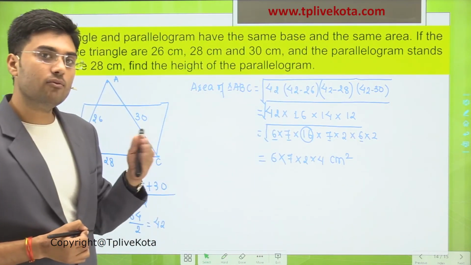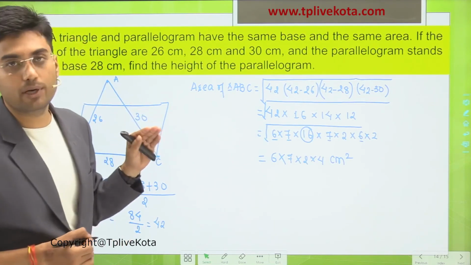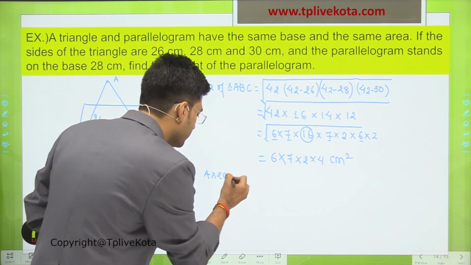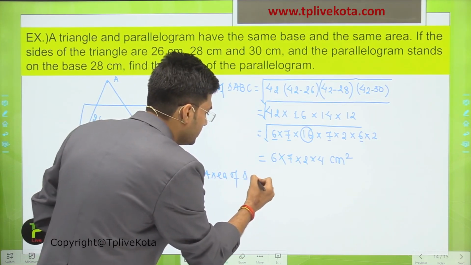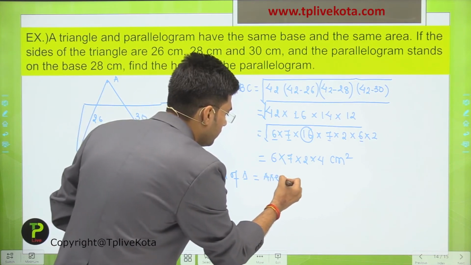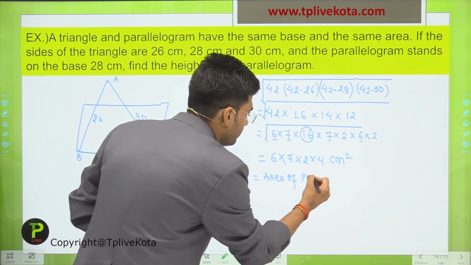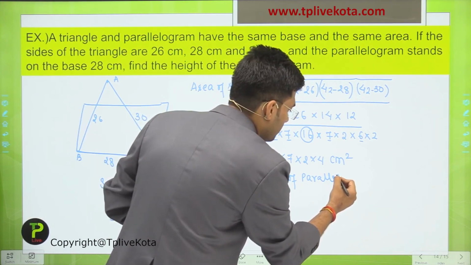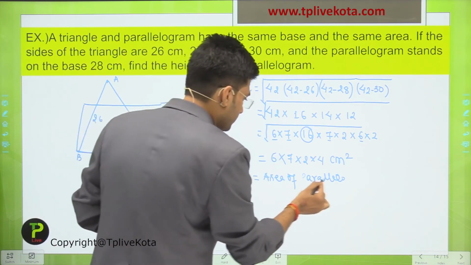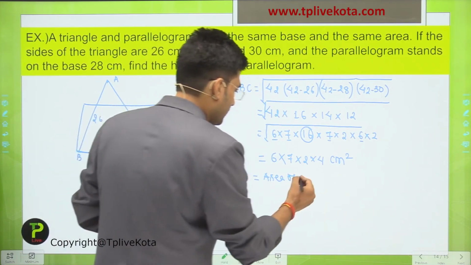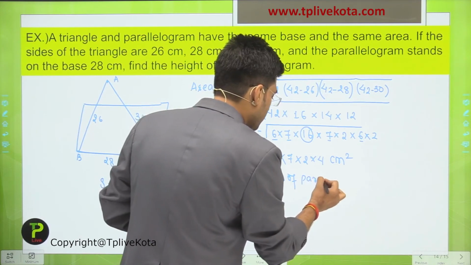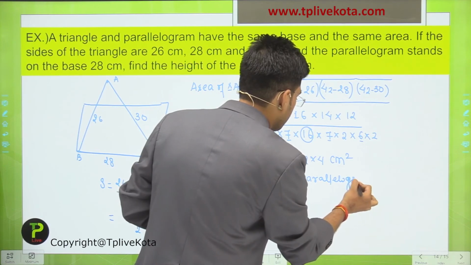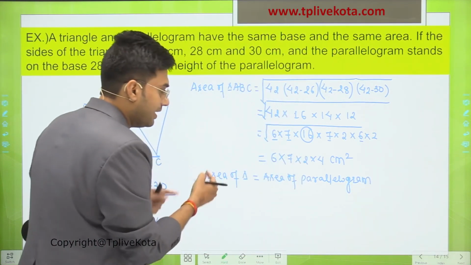But here what we have to find? We have to find the height of parallelogram, and it is given that area of triangle is equals to area of parallelogram. And what is the area of triangle?